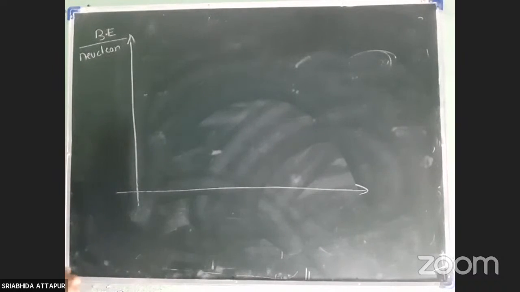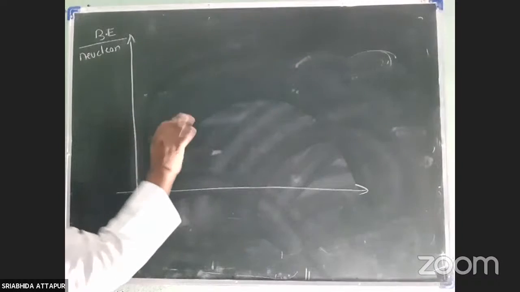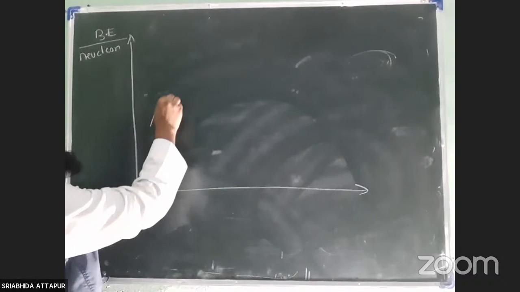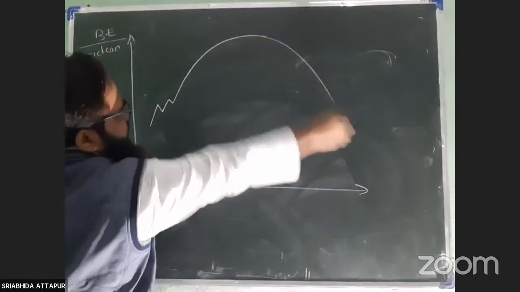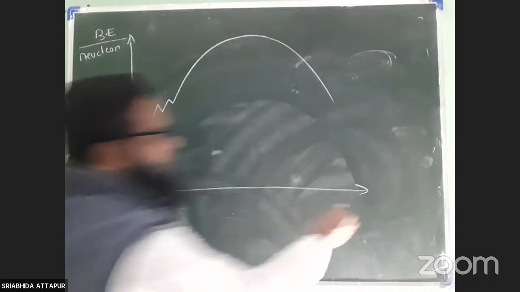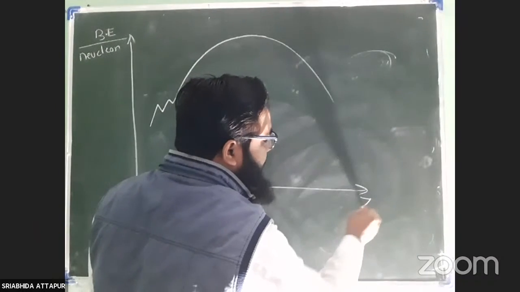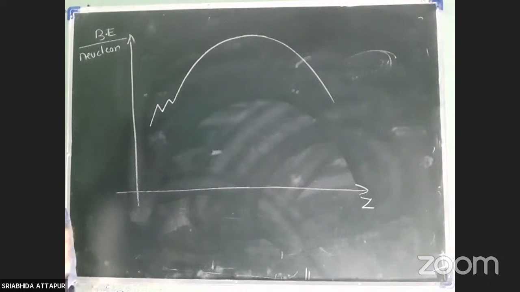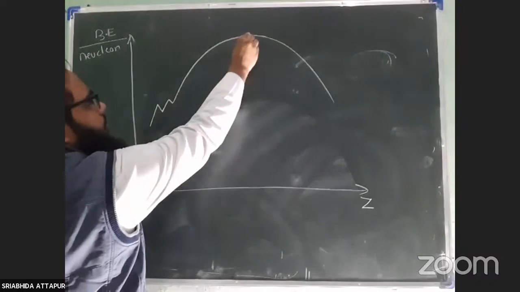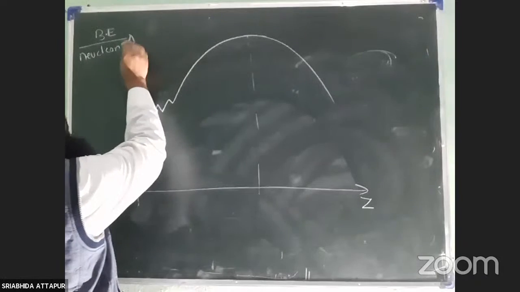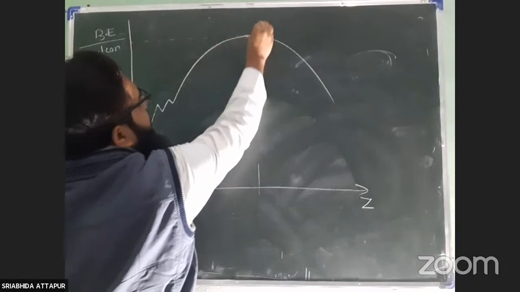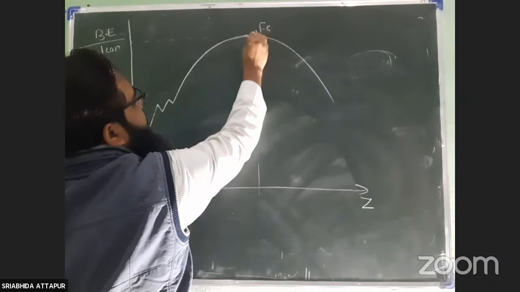If it is not the exact graph, I cannot draw it, but approximately it is correct. It is just like that. This is atomic number, I can say Z. If we draw this binding energy per nucleon, this is our iron, Fe, 26 Fe.